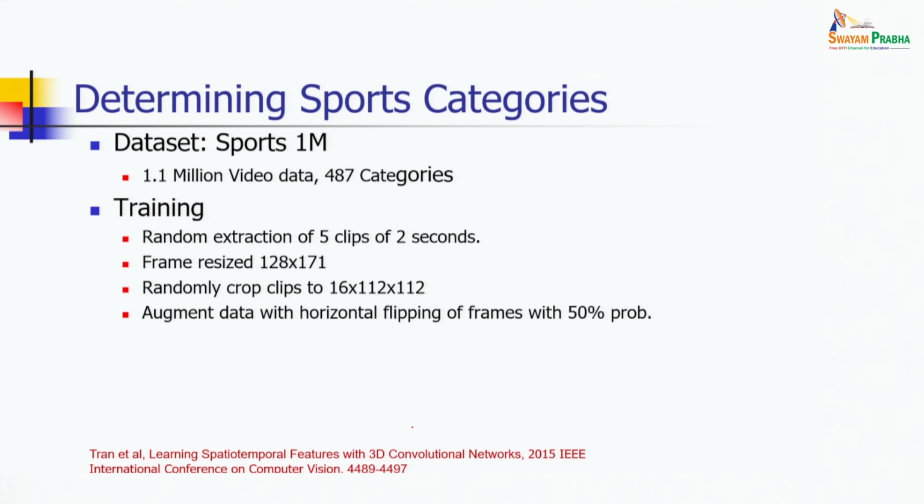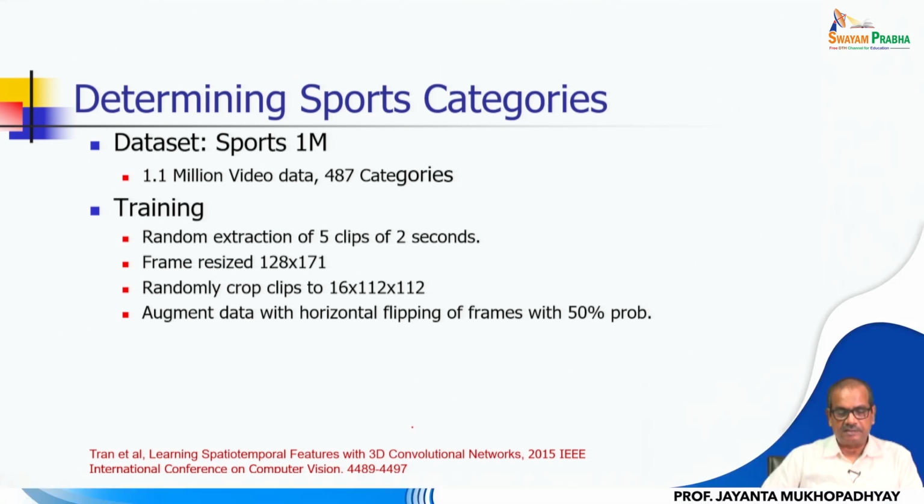There are a few applications discussed in the paper. I will mention one of them: this network is used for determining sports categories. This is video data about different kinds of sports in action, and 487 such categories are labeled, with about 1.1 million videos; the dataset is known as Sports-1M.